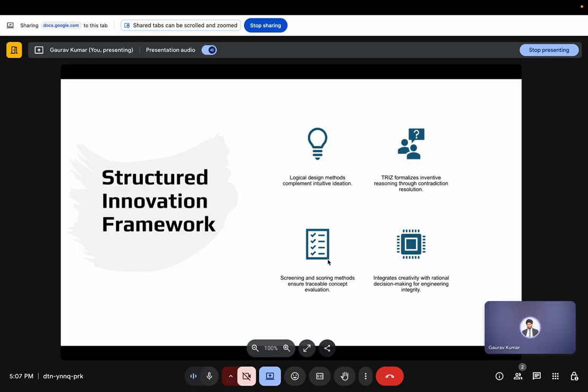By integrating creativity with rational decision making, designers achieve true engineering integrity. The outcome is not only a novel design but one that is reproducible, justifiable, and aligned with technical and societal constraints.